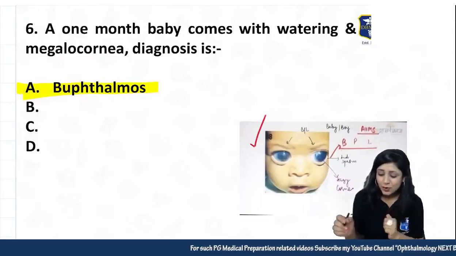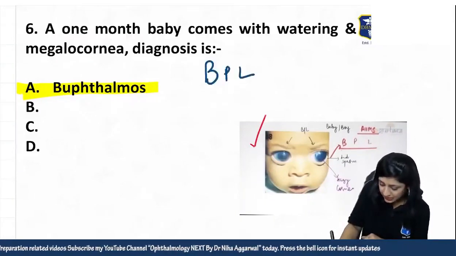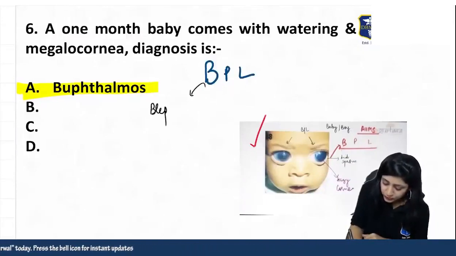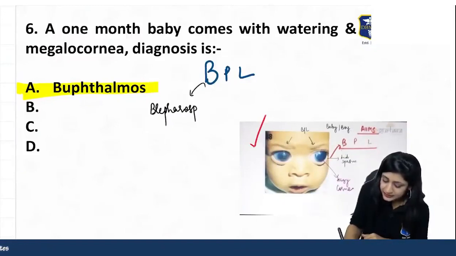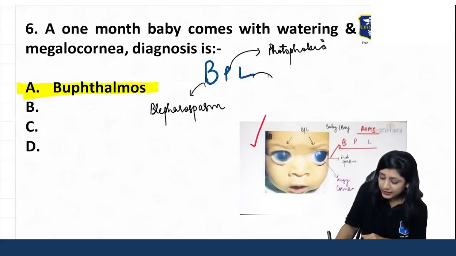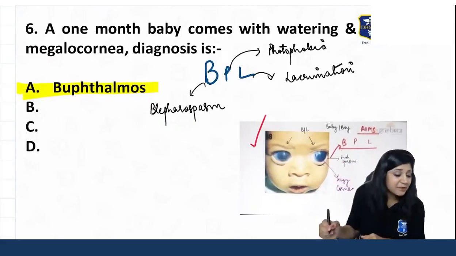This blue baby boy with the BPL card. We are having blepharospasm, then photophobia, and watering also they gave, lacrimation. So photophobia is the earliest, and lacrimation, same image.